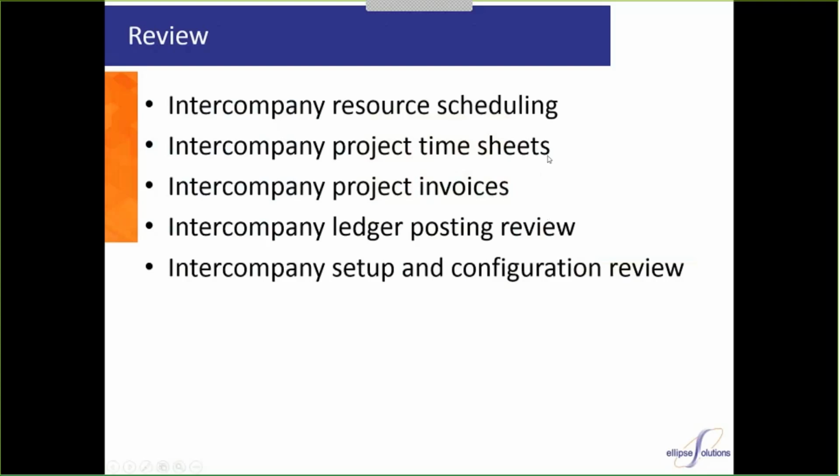We posted her time in her home company for the project in the borrowing company, and then the lending company invoiced the borrowing company for Dawn's work, and then we posted that vendor invoice and paid it. And we took a look at some of the postings that are involved with the ledger, and then finally we took a look at the setup.